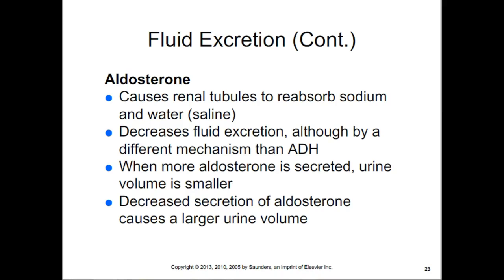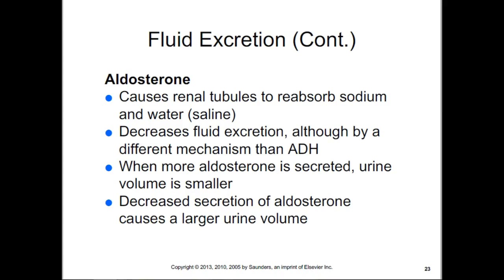One of the ways we can decrease aldosterone production is by taking an ACE inhibitor. Yes, so if you inhibit angiotensin converting enzyme from converting angiotensin 1 into angiotensin 2, you lower blood pressure.